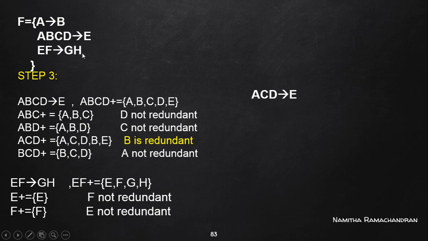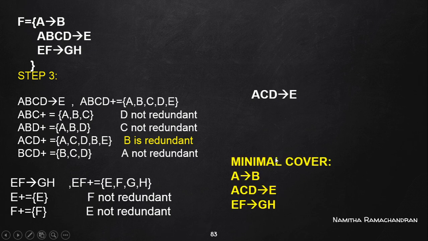EF implies GH. The EF closure from this set is EFGH. The E closure alone is E and the F closure alone is F, which is not equivalent to the EF closure. So E is not redundant and F is not redundant.